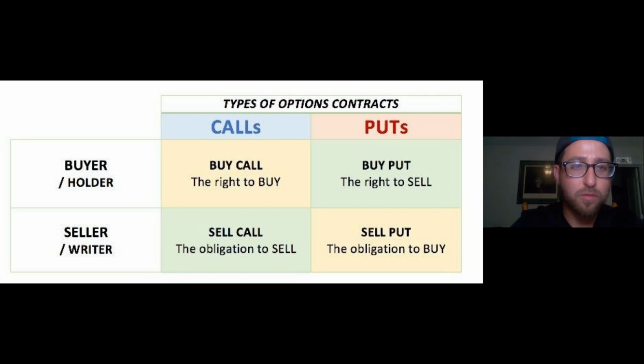So we want the price to go up. If we sell a call, we want the price to go down. We buy a put, we want the price to go down. If we sell a put, we want the price to go up.